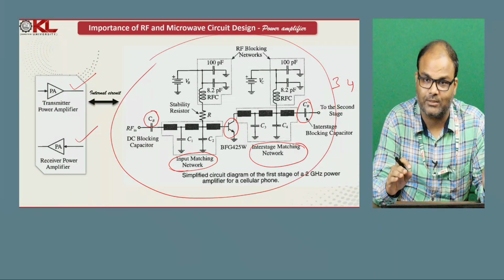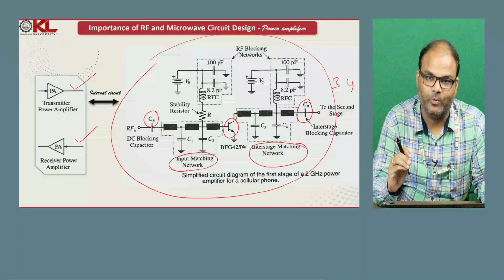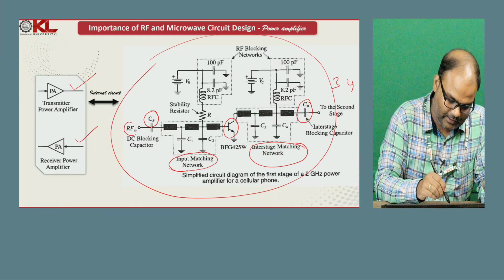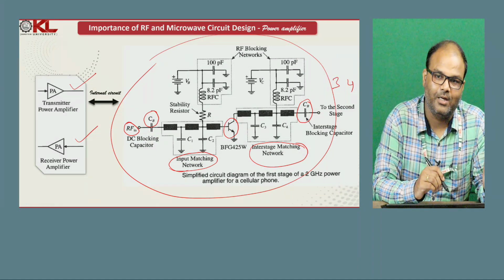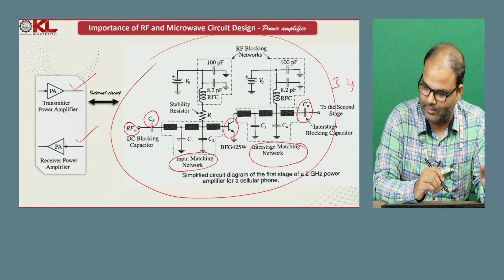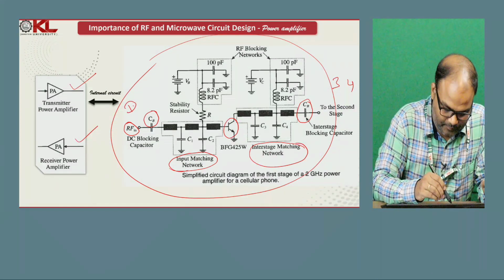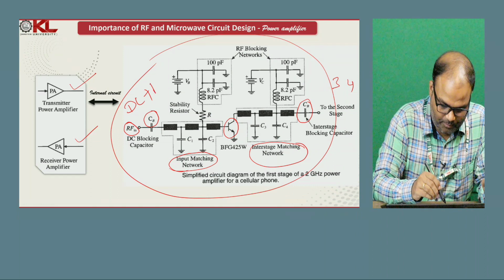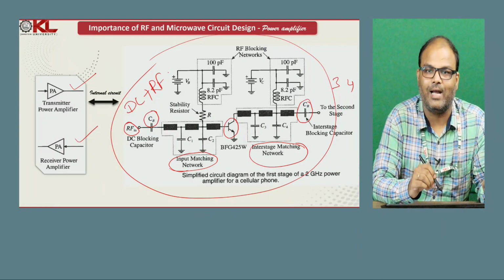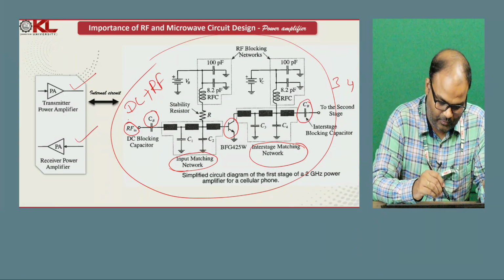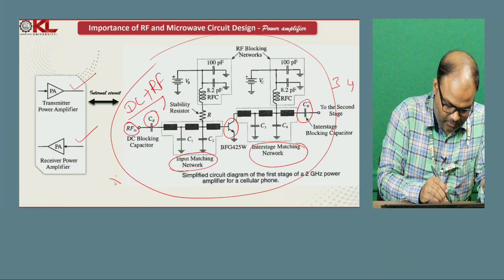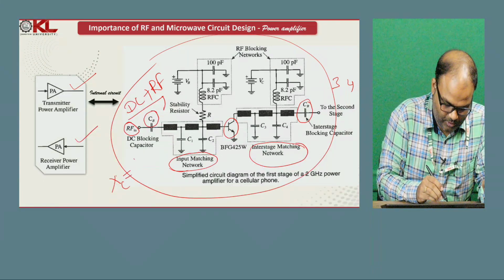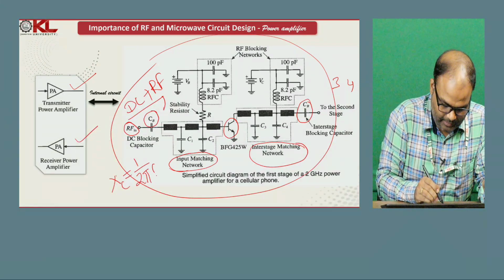What is a blocking capacitor? We are giving a signal, here radio frequency, but every time when we are designing a circuit, we need to provide biasing. Biasing is always DC. So this DC plus this radio frequency are added. For a capacitor, we know Xc is equal to 1 by 2 pi Fc.